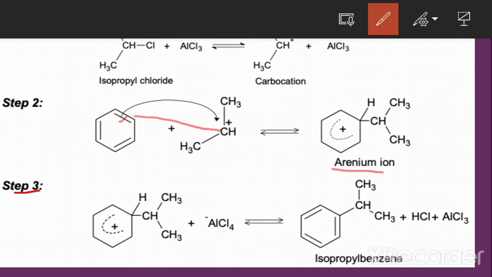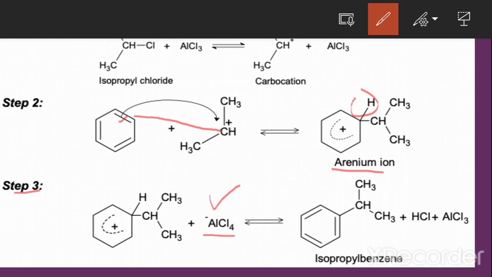In the third step, this proton will be released and attached to the chlorine that is present in the aluminium tetrachloride, which is unstable and acts as a nucleophile.